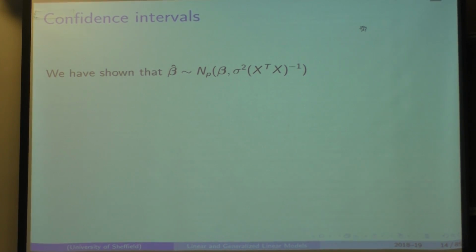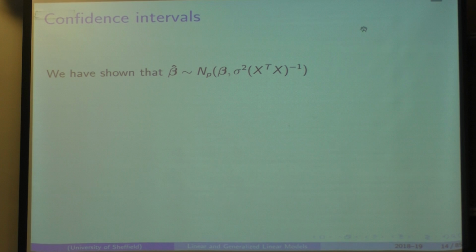So we have our coefficients which are part of the model, beta, so it's unknown. We have estimates for them, beta hat, and confidence intervals will indicate how good our confidence can be in the accuracy of those estimates for the coefficients beta.